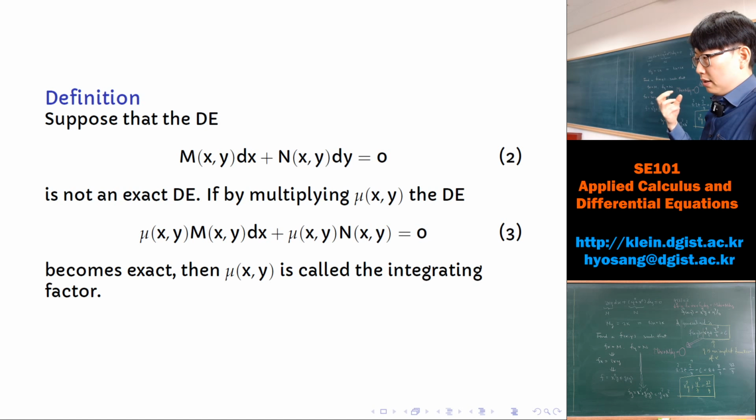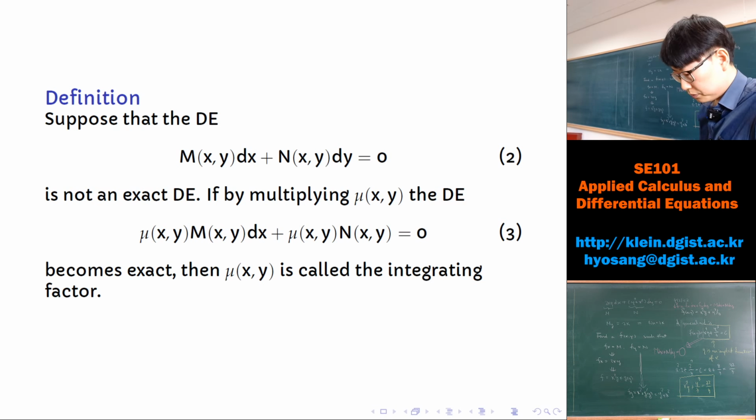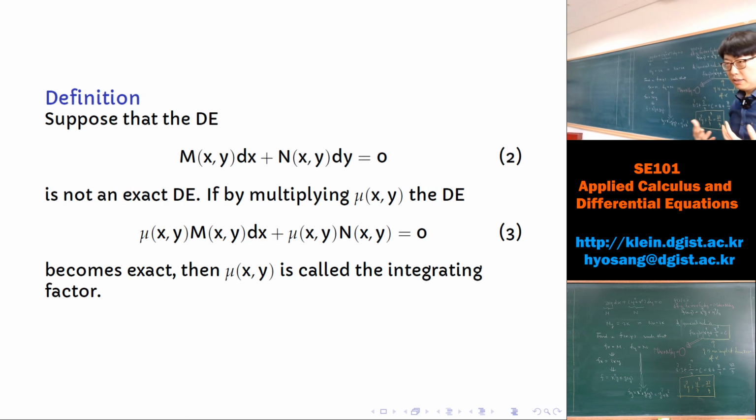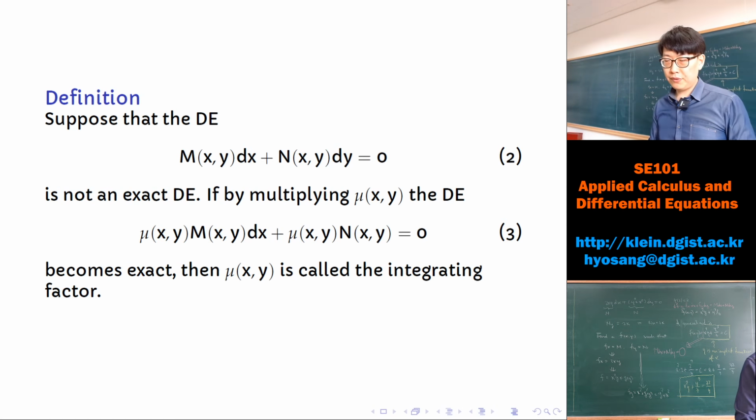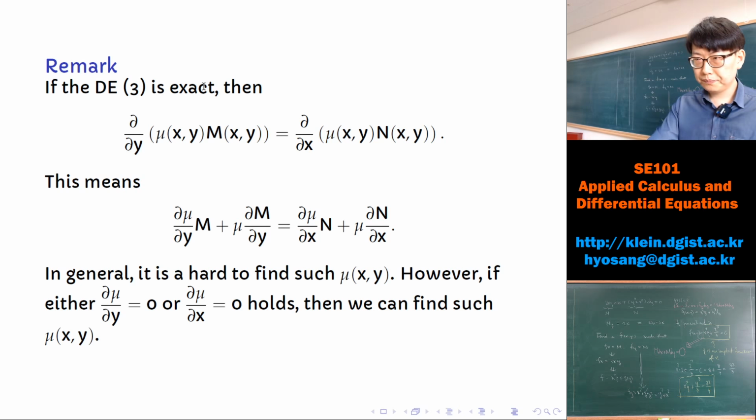We can multiply some factor to the dx and dy, which doesn't change the equation at all, but only changes the coefficients, and sometimes it becomes an exact differential equation. So not always, but there is a case when we can make our given differential equation an exact differential equation. Such a factor is called the integrating factor. And we're going to talk about how to obtain such an integrating factor.